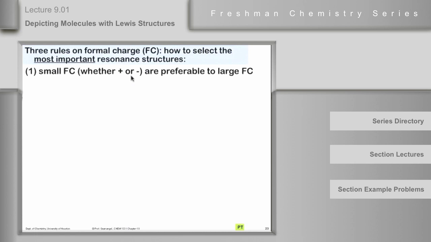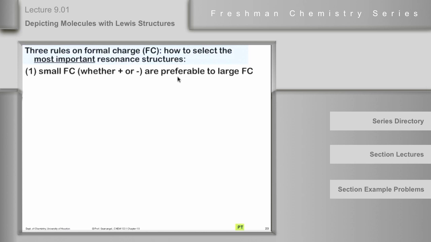Then you need to decide, based on formal charges, which one is the one that contributes most to the resonance hybrid and describes the molecule most directly. So the first step is we want a small formal charge, whether it's plus or minus, and those are always preferable to larger formal charges.